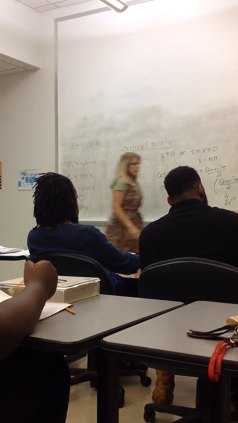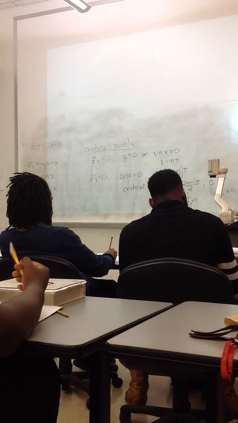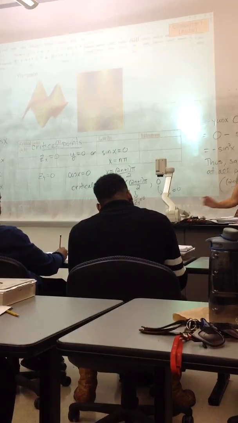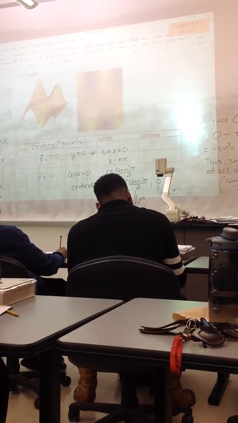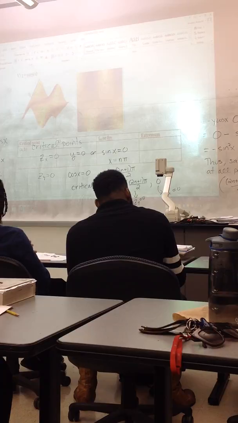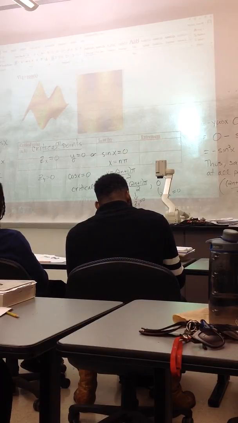And so if we look at our graph, we can kind of identify these points. y is 0, so I think this would be the x-axis, this I think is the y-axis.